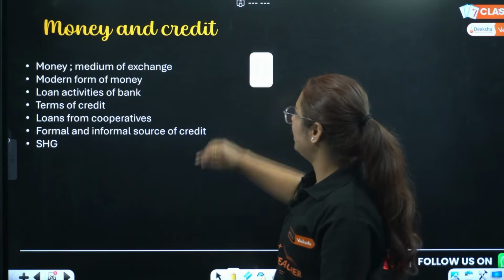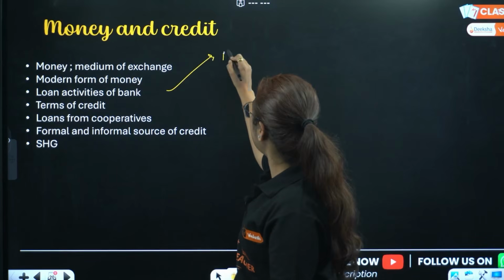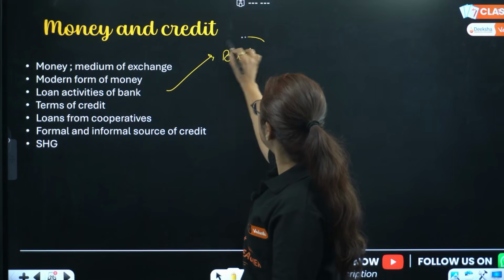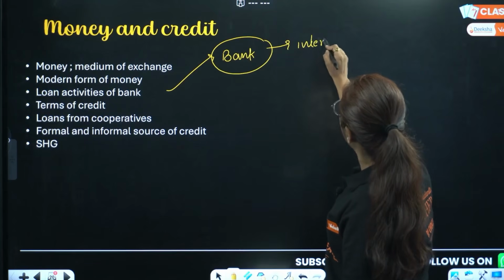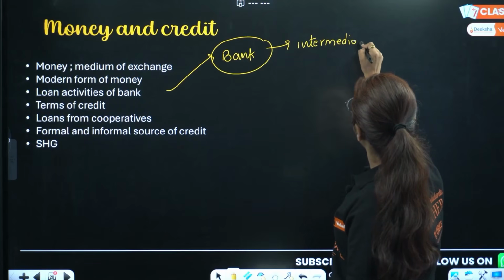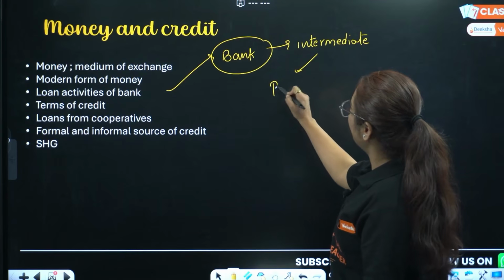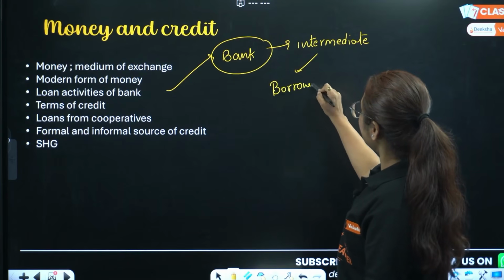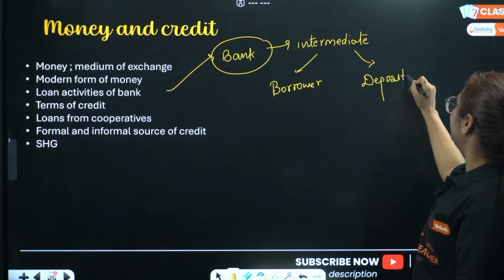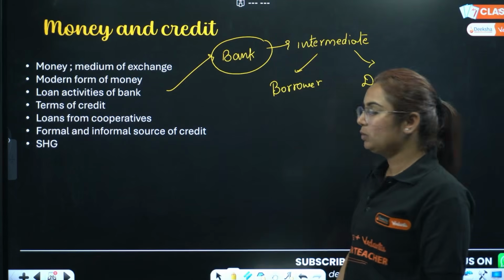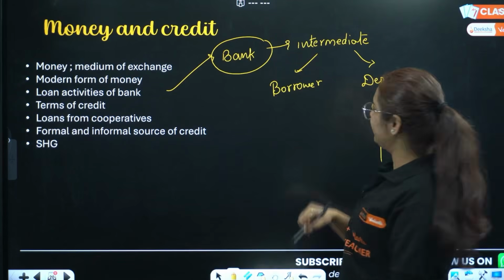Here comes a word, bank. What is a bank, beta? A bank is an institution working as an intermediary between borrower and depositor. You have excess money, you go and deposit it in the bank.